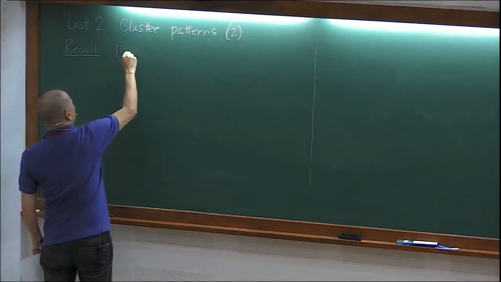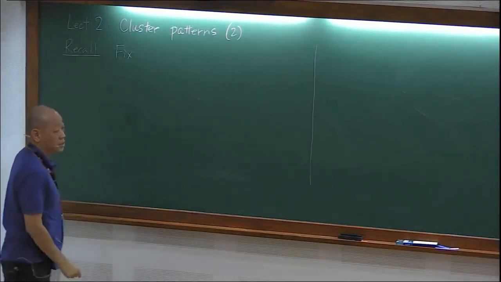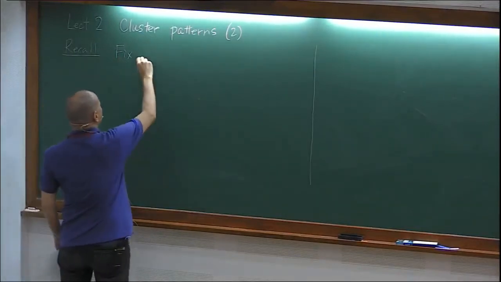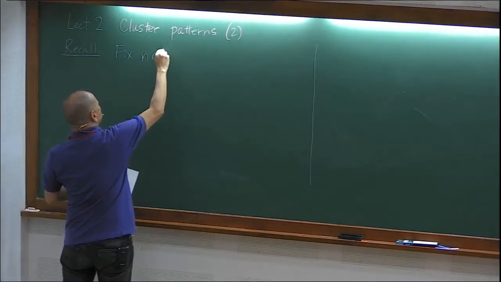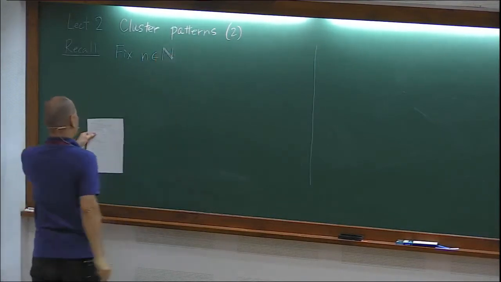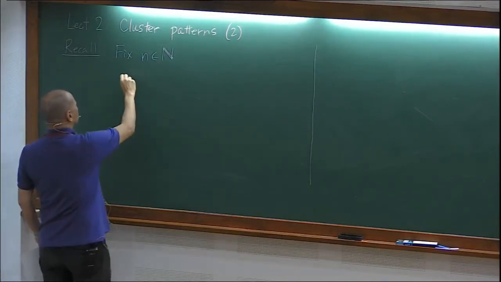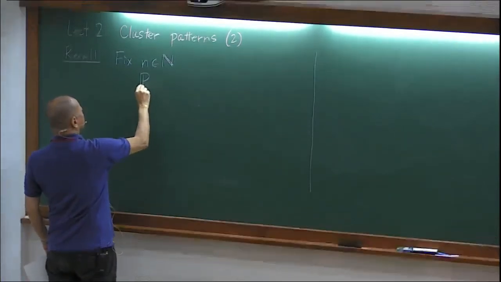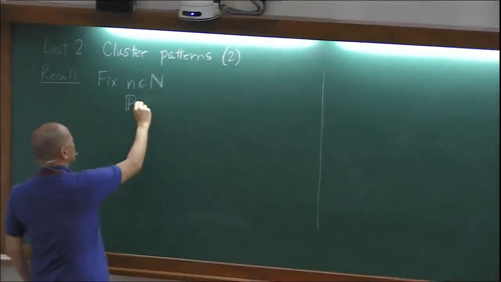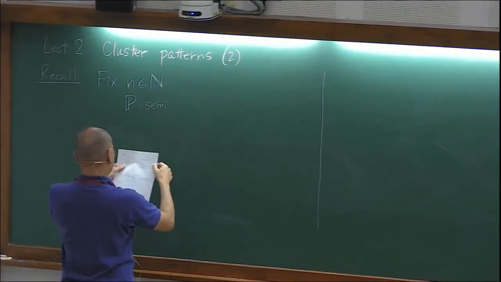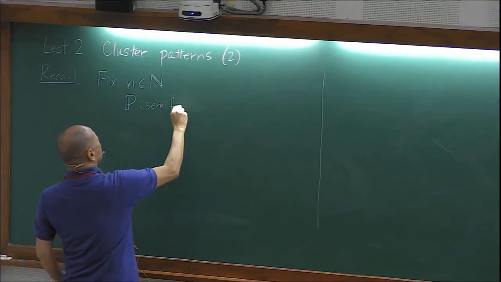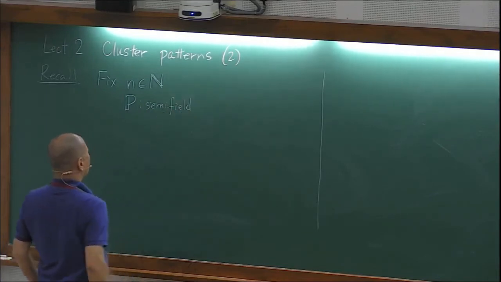In order to define cluster patterns, first you have to fix some natural numbers or positive integers. It is called rank, and also fix a semi-field, which is considered as the domain for so-called Y variables.